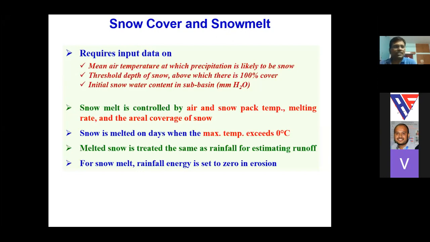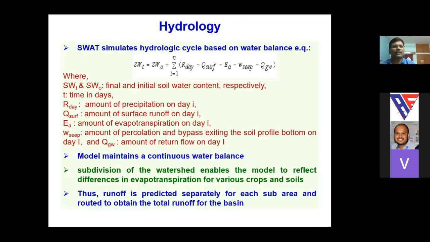Snow is melted on days when the maximum temperature exceeds a threshold. SWAT considers the lapse rate and those details, and they will be accounted for in the final output.